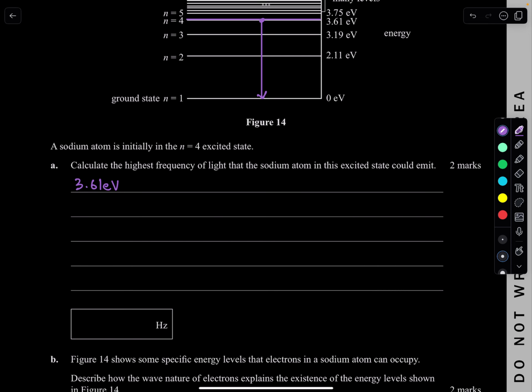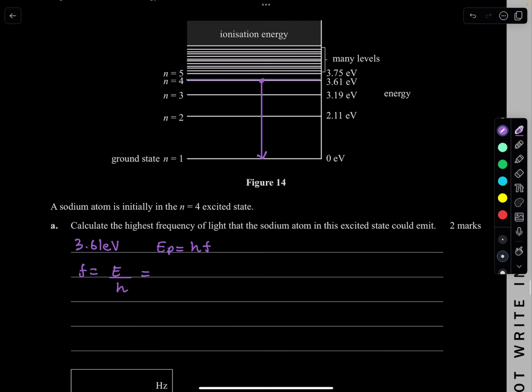Looking at my formula sheet, the energy of a photon is h times frequency. We want to calculate this frequency, so frequency is energy over h. So what's our energy?